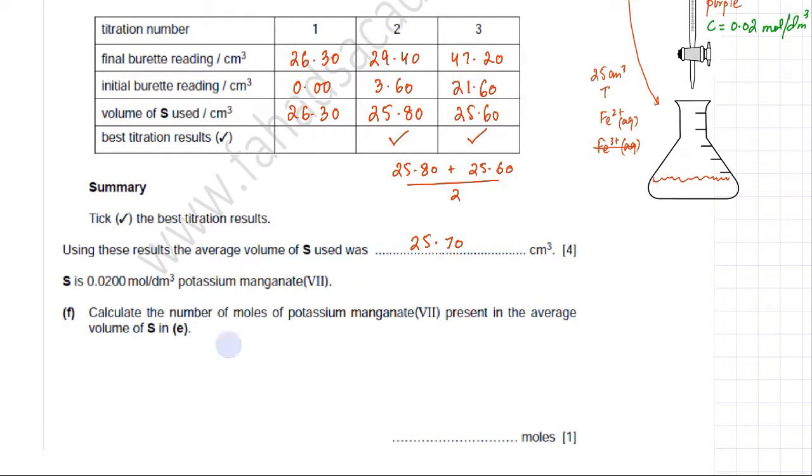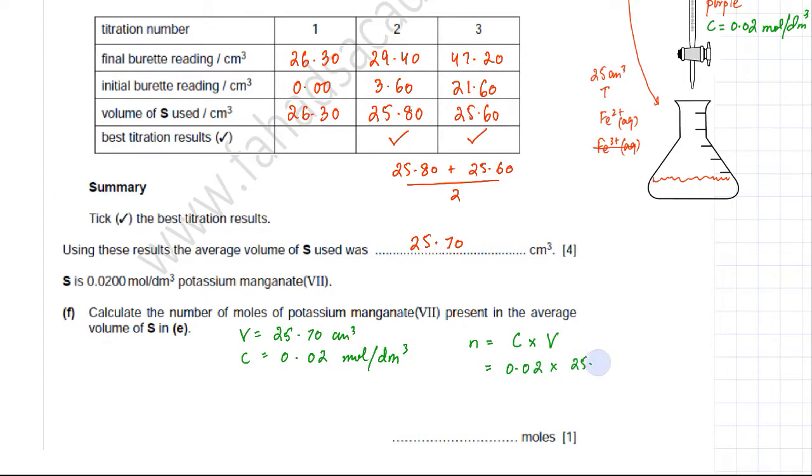So we know that the volume that's being used is 25.70 centimeter cube, and we also know the concentration, which is 0.02 mole per decimeter cube. So that's also known. Now the formula for moles is moles would be concentration multiplied by volume. So I'm going to multiply the concentration, which is 0.02, by the volume, which is 25.70, but it should be in dm cube.